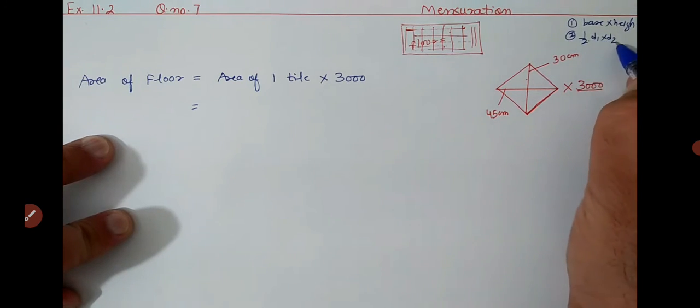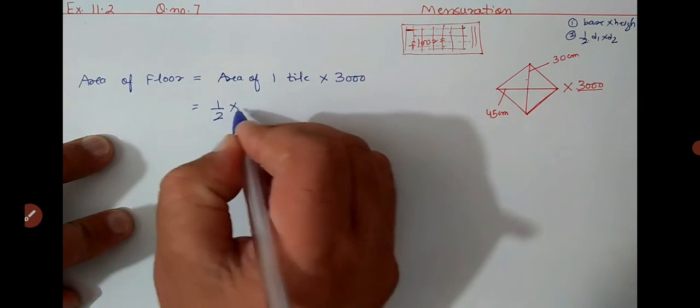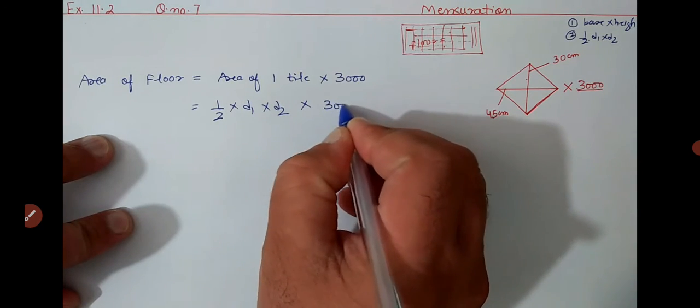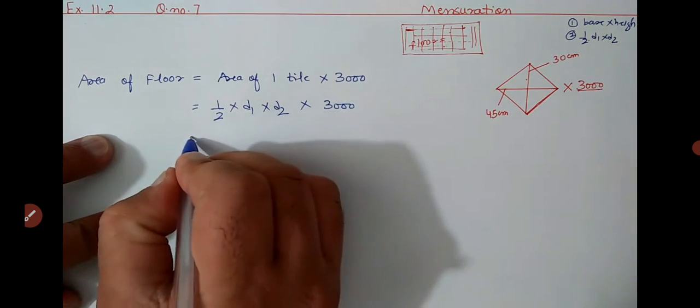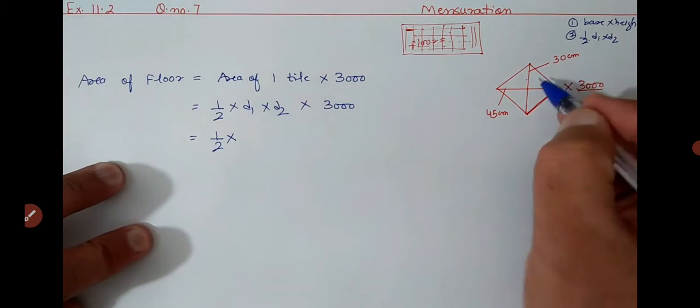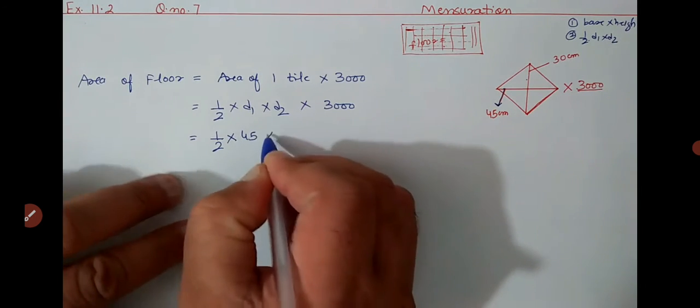So we can write 1/2 into d1 into d2 into 3000. What is d1? d1 is given 45 and d2 is 30.